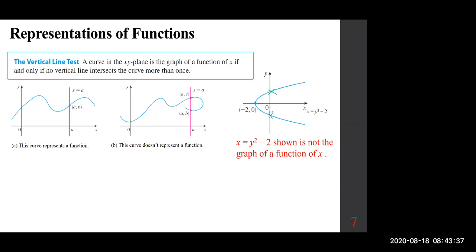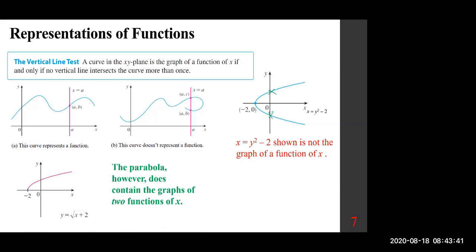Okay, but we can cut that into two pieces if you recall. Okay, there is a way around that. For a case like this, remember parabolas that open sideways. You can cut it in half. The top half is a function, so is the bottom half, okay, in case you want to do that.